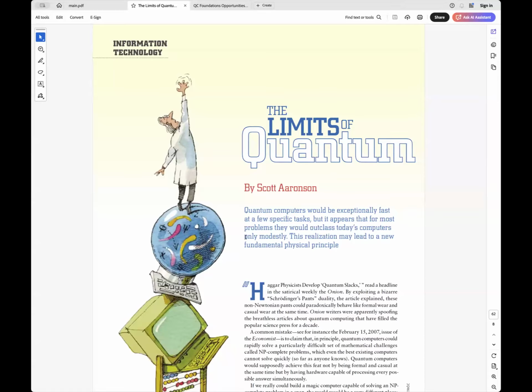Who of you actually read The Limits of Quantum? Maybe thumbs up, thumbs down. For the ones that have read it, maybe you want to turn on your mic and tell us a little bit what you learned in this article and if there was anything interesting in it.